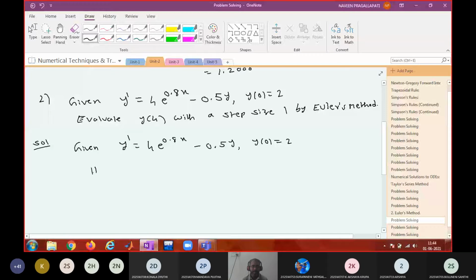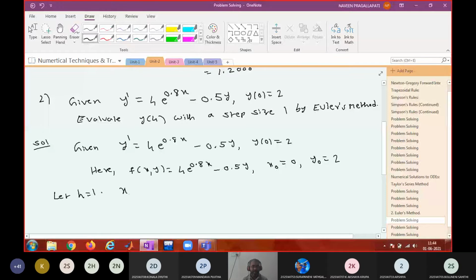Okay, so here f of x comma y is 4 e power 0.8x minus 0.5y, x not equal to 0, y not equals to 2, y of x not equal to y not. By Euler's method, okay, so let h equals to 1.